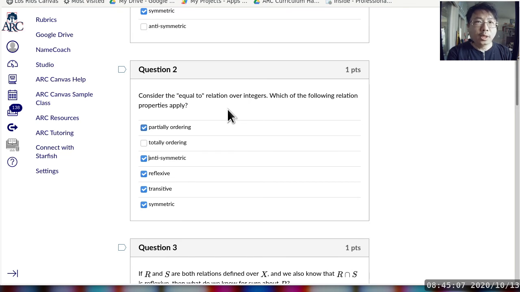In other words, 13 equals 15, nope, that doesn't work. And then 15 equals 13, nope, that doesn't work either. So because 13 and 15 do not relate in either direction, that fails the requirement to be totally ordered. And as a result, totally ordered does not apply in this case. Equal to is not totally ordered, but it is partially ordered.